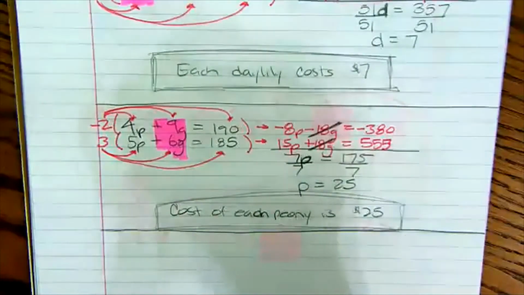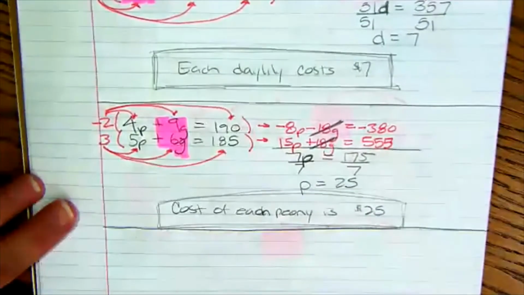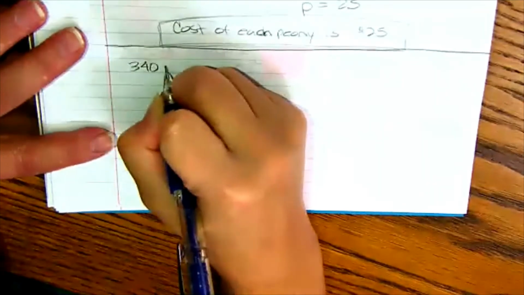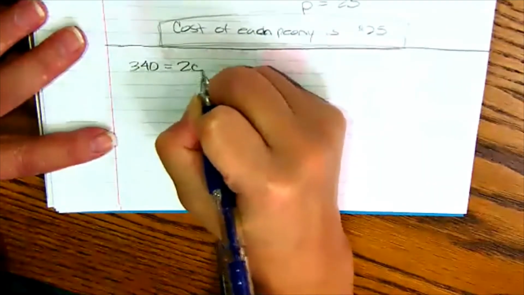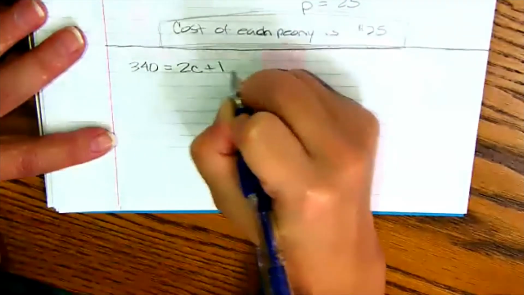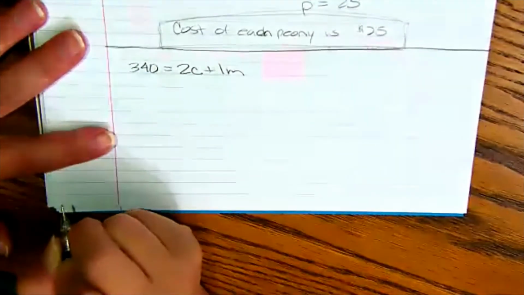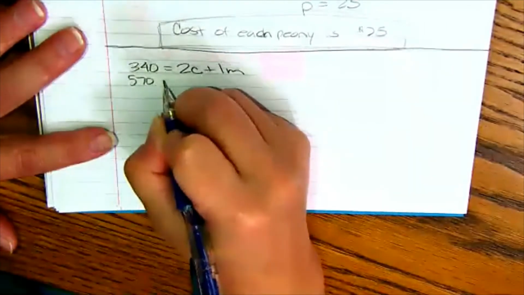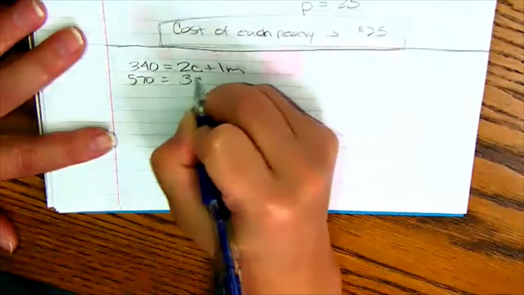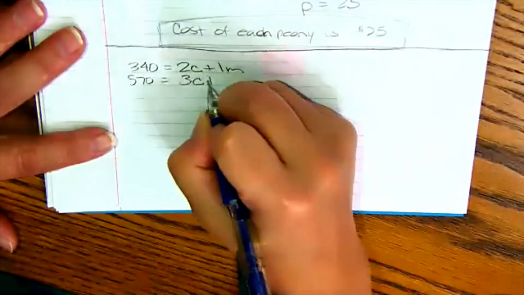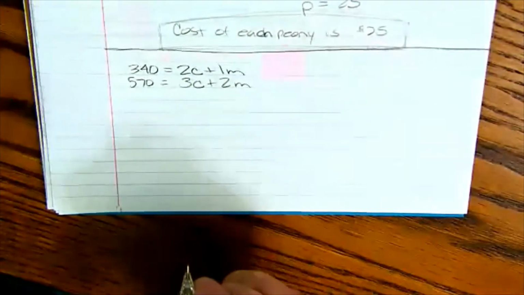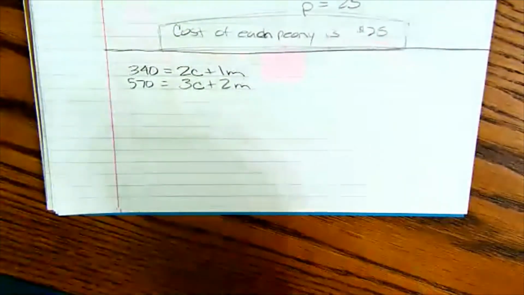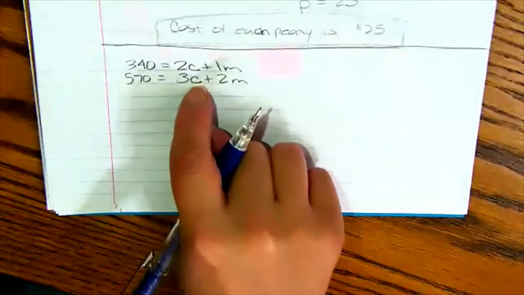Okay, so what this is telling me, 340 calories is equal to 2 cups of cereal plus 1 cup of milk. Then 570 calories is equal to 3 cups of cereal plus 2 cups of milk. And we want to know how many calories are in 1 cup of cereal.